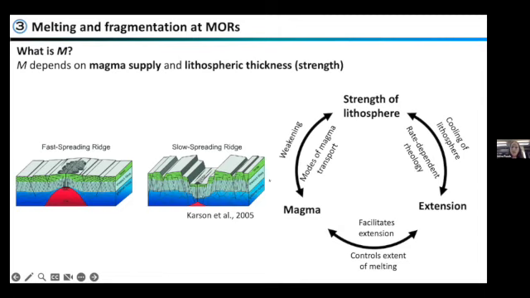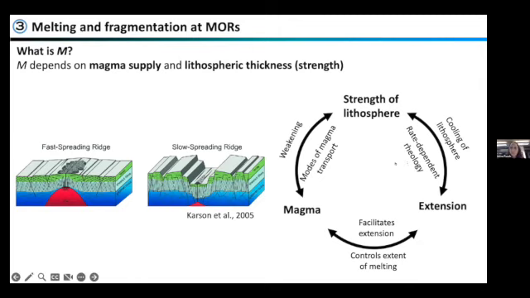And we know that it represents a weakening factor for the strength of the lithosphere. However, the strength of the lithosphere may also control the different modes of magma transport and may provide some resistance to further extension.